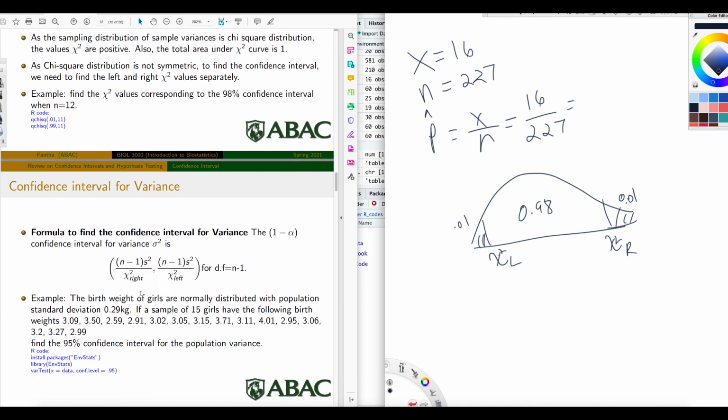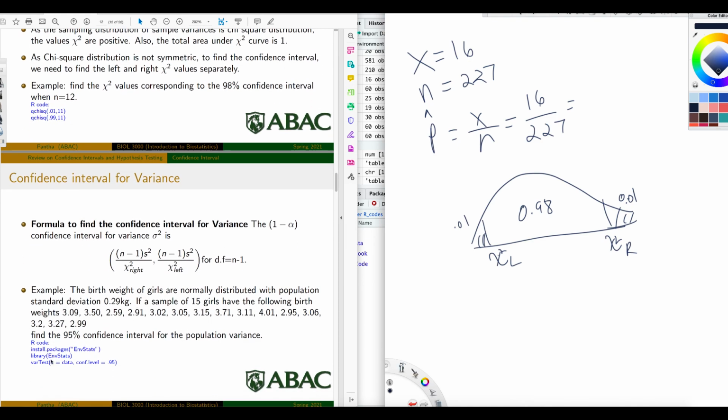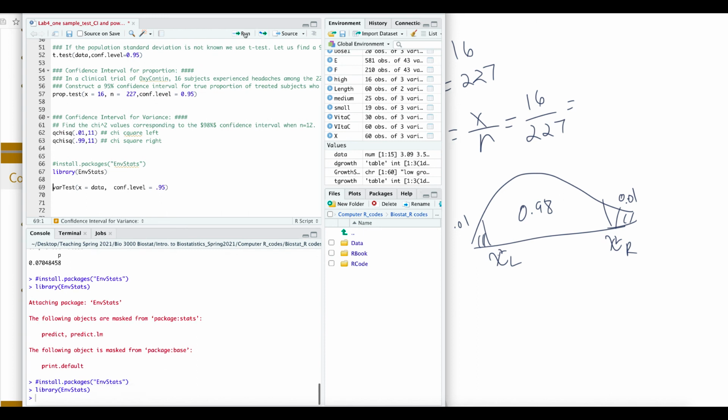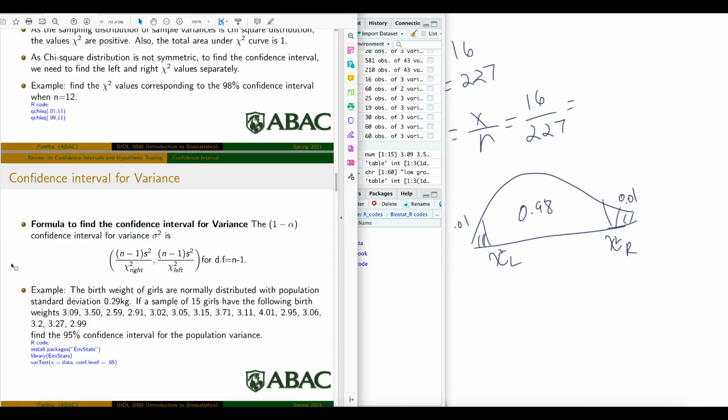Now, how do I find the confidence interval? Again, as I mentioned, you need to install the package EnvStats, and then you call the library for the first time. From the next time you don't have to install it, just call the library. We called the library already, and then do varTest of x equals data, with confidence level 0.95.